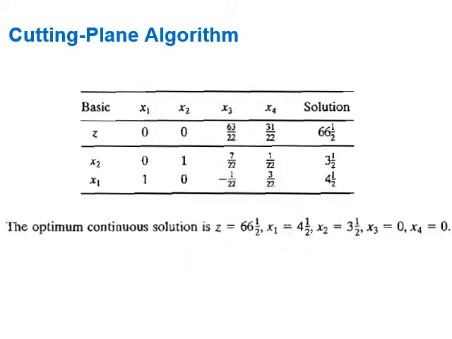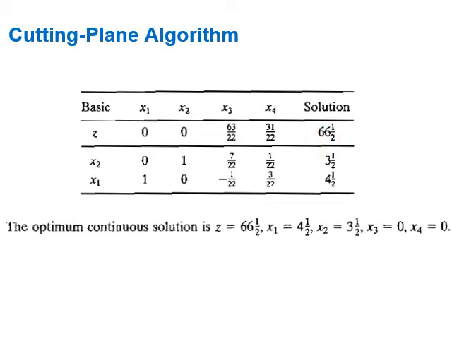If you remember, last time we made this example, and this is the optimal simplex tableau. When we solve the LP relaxation of the given problem, this is the optimal simplex tableau, and you can see that x1 is 4.5, x2 is 3.5, and the optimal z value of the LP relaxation is 66.5.